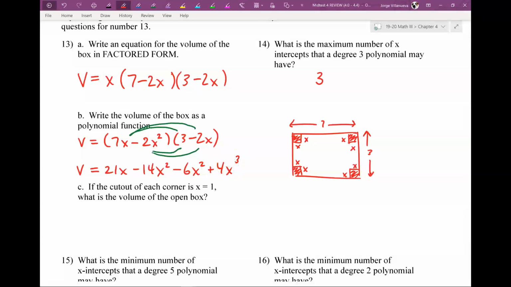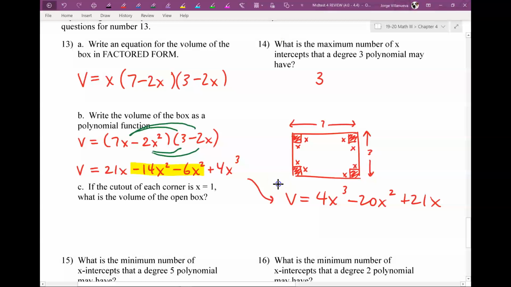So, negative 14x squared minus 6x squared, this piece right here, you can actually combine them. So I'm going to put a little arrow here. V equals the 4x cubed I'll put in the front. Negative 14x squared minus 6x squared is negative 20x squared. And then a positive 21x. That's your volume. Okay, that's the answer to part B of number 13.